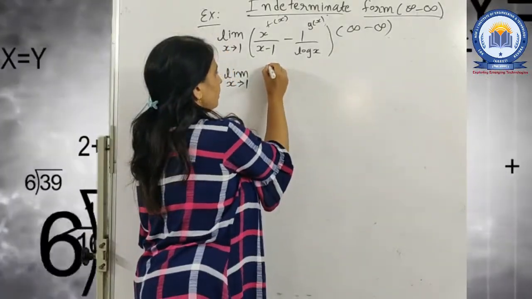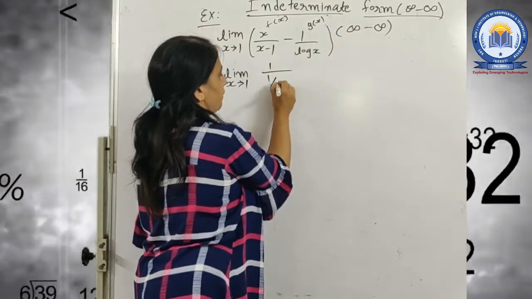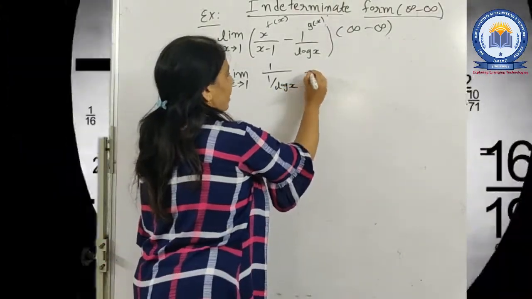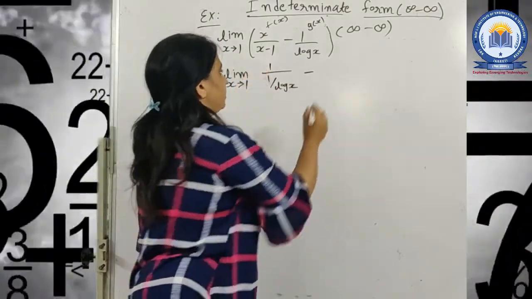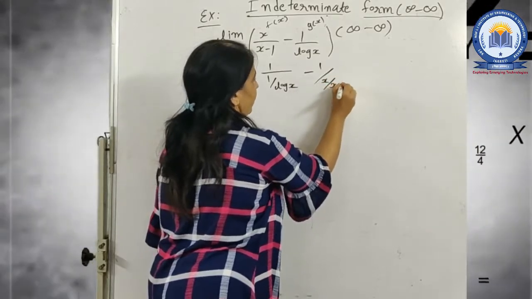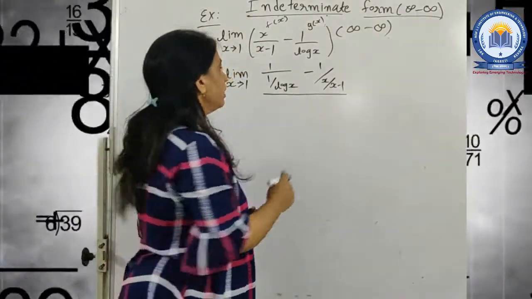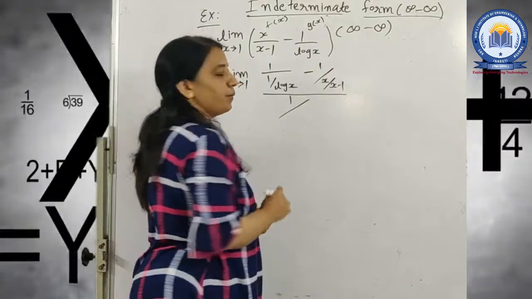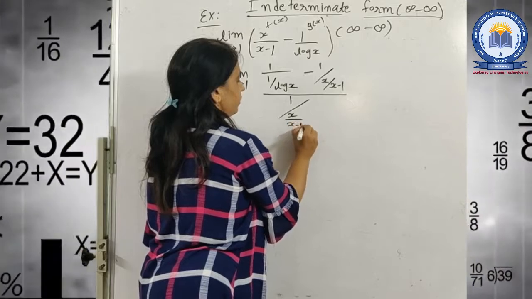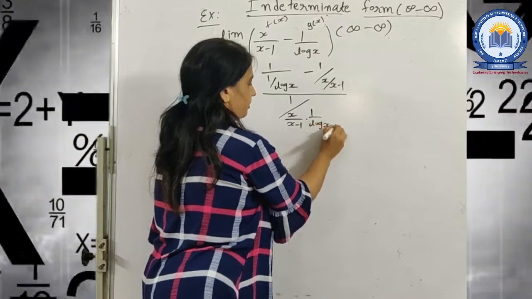So 1 upon g(x) is 1 upon log x, minus 1 upon f(x). 1 upon f(x) is x minus 1 upon x, the whole upon 1 upon f(x) into g(x). f(x) is x upon x minus 1, into g(x), 1 upon log x.